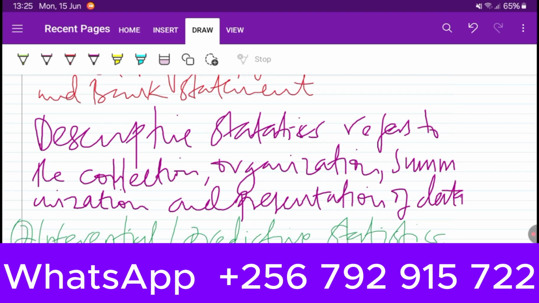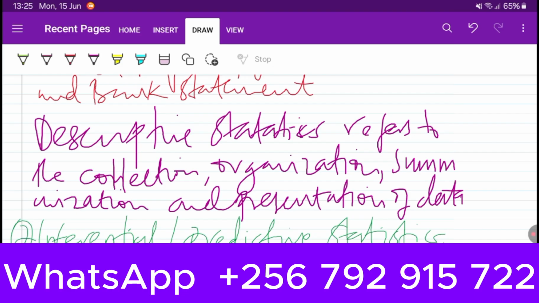It could be measurements where we compute the measures of central tendency, the mean, median, mode, or the measures of dispersion where we compute the variance and the standard deviation. So those are some of the things that are entailed within descriptive statistics.